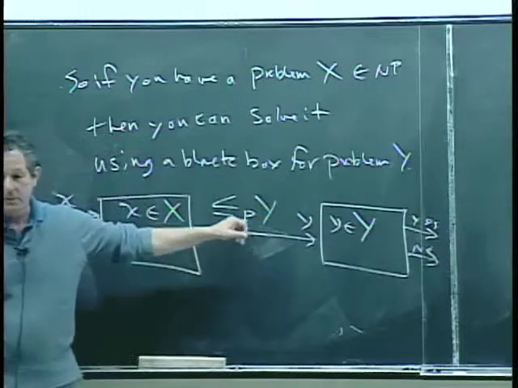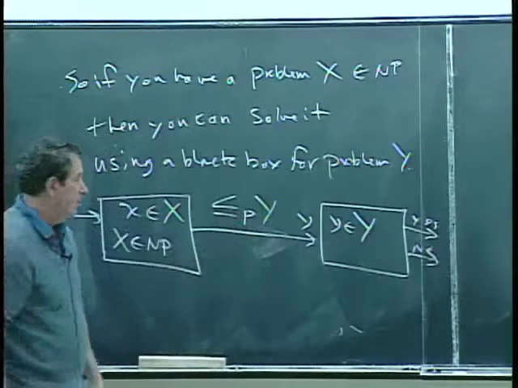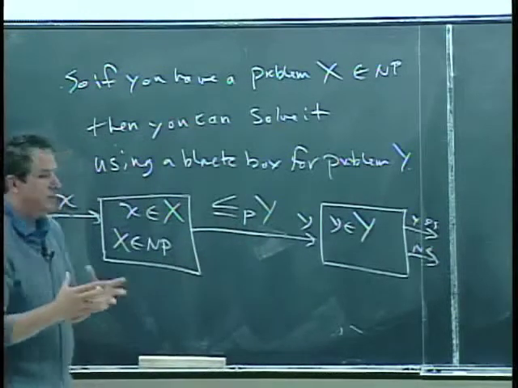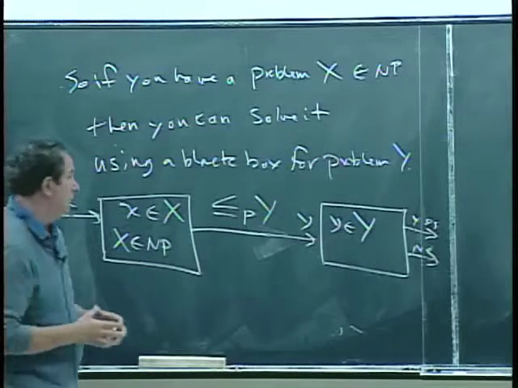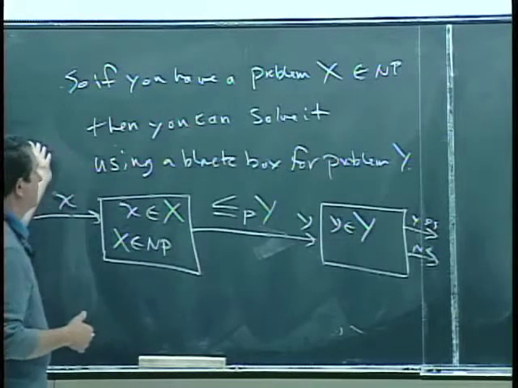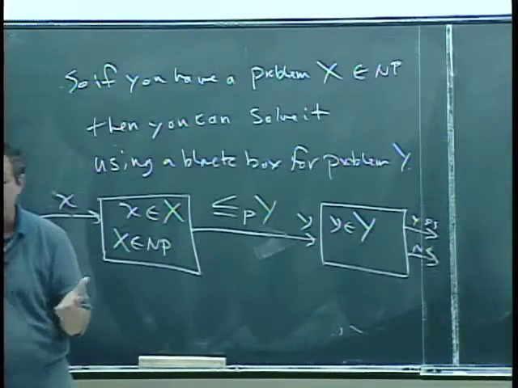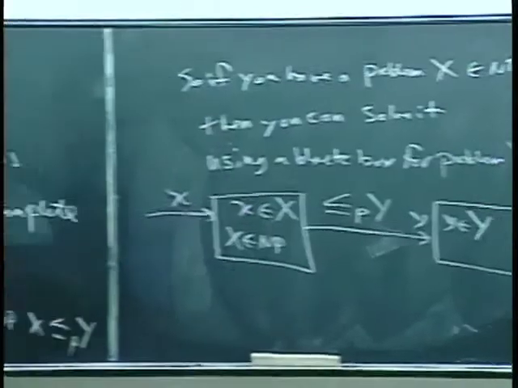It's through this polynomial time reduction. So that's sort of the origin of the word complete. You can invent other words for it, but that's where the word complete came from. An NP-complete problem is called complete for the class NP.